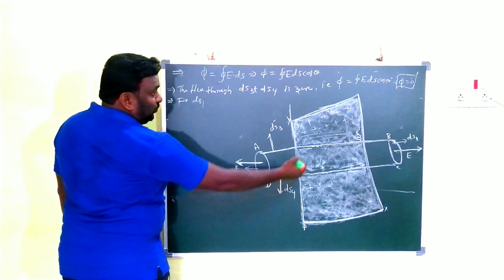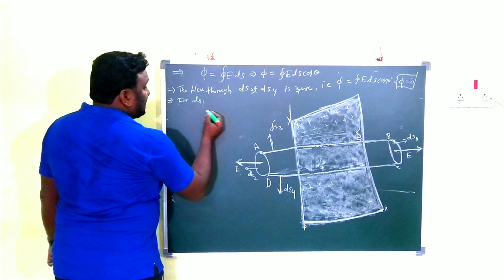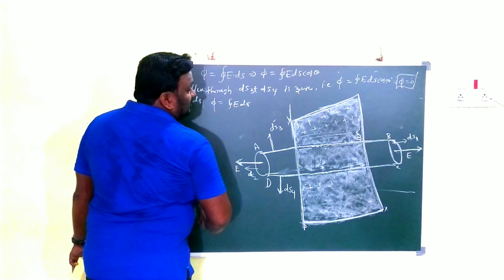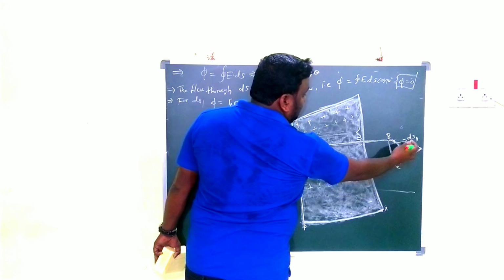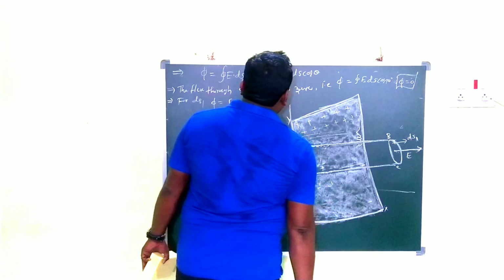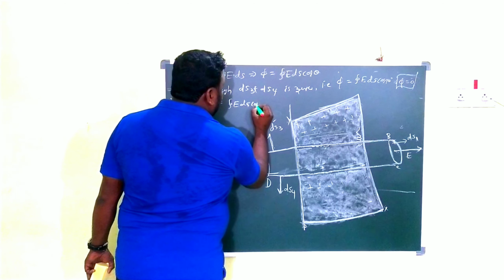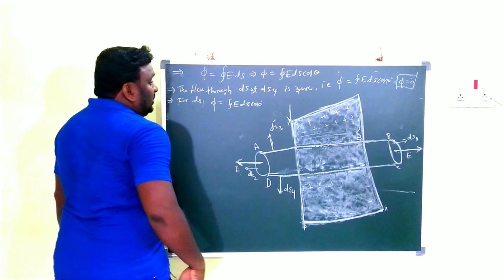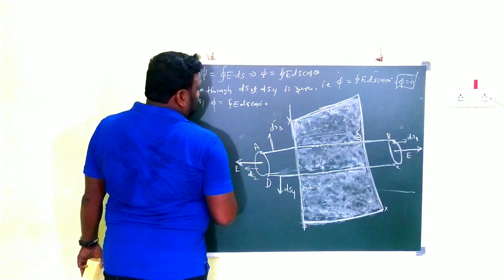After that, now I am applying it for ds1. For ds1, again the same formula, phi is equal to the closed integral E ds. Here what is the angle? Both are parallel. That's why we write cos 0. Cos 0 means 1.